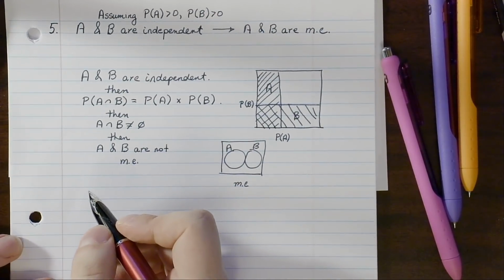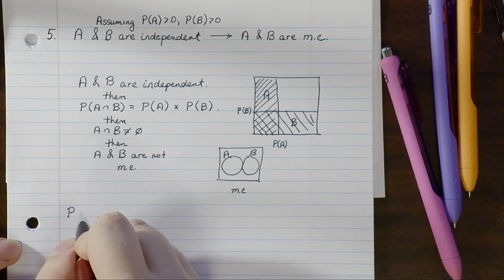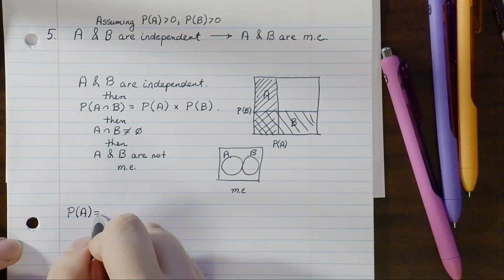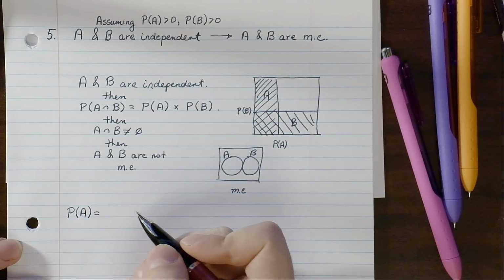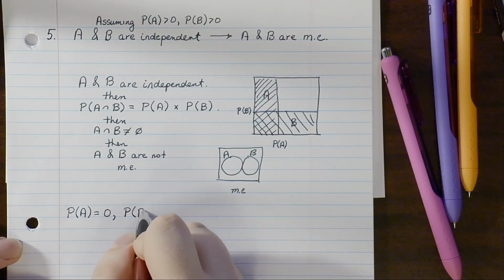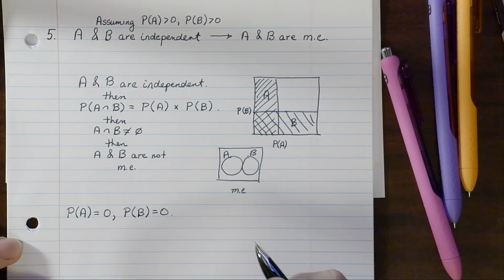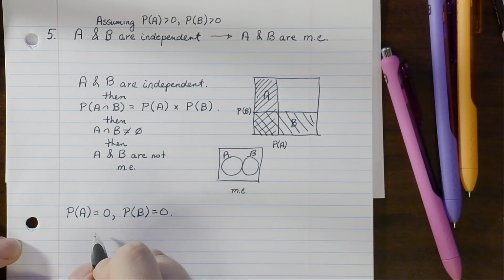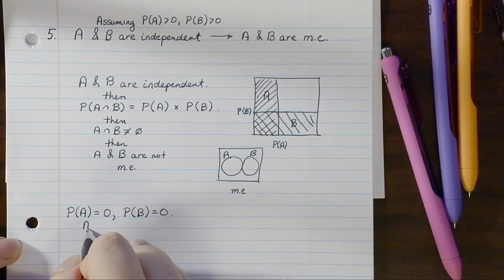The problem is if I set the probability of A, this is what we call a trivial example, the probability of A is 0 and the probability of B is 0. This is where it starts to fall apart, and we say that A and B are independent.